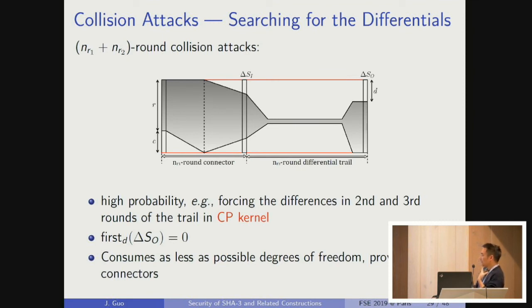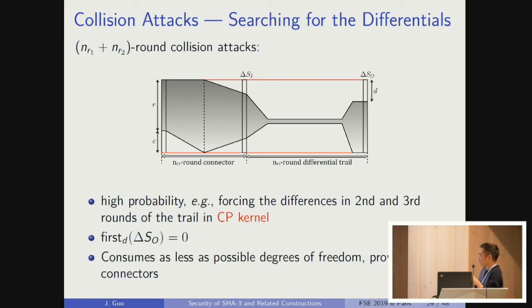For the differential layer, what we do is we try to find high probability differentials. This is usually done by forcing the second and third round of the trail to be in the CP kernel. Once it's in the CP kernel, the theta effect is limited, meaning theta becomes the identity, so it doesn't propagate the differences into other places.